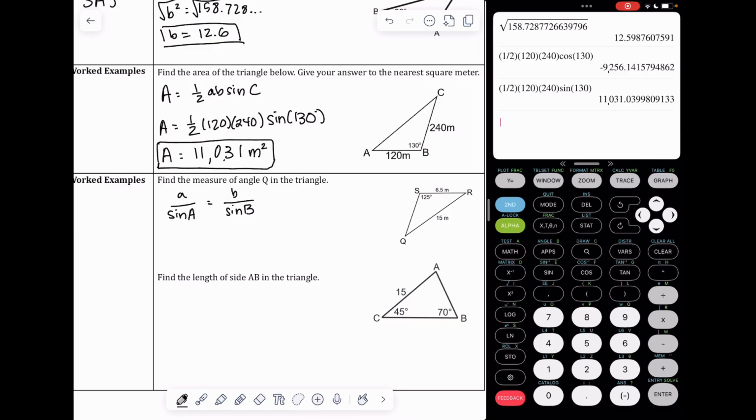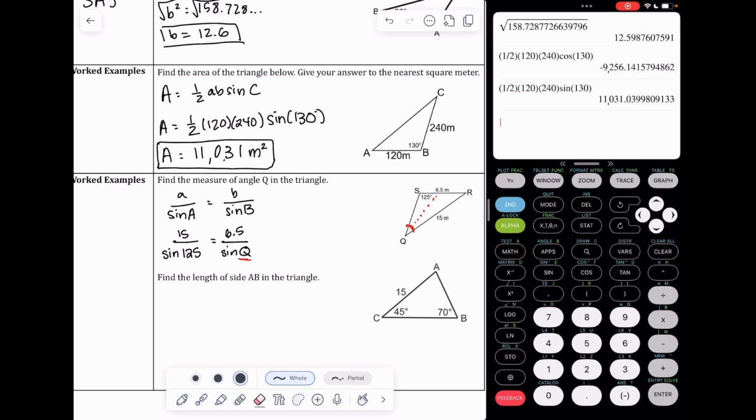So we're looking for 15 over sine of 125 is equal to the side of 6.5 over sine of Q. Since we're trying to find angle Q here, that is going to be our unknown, and we have side 6.5.